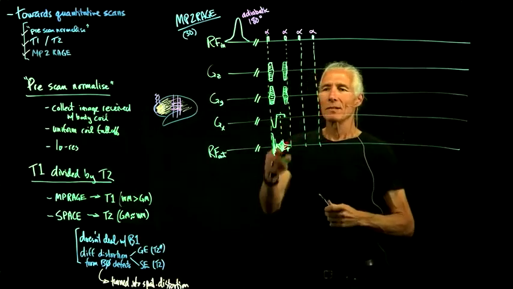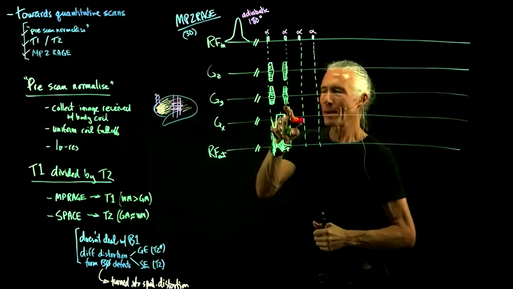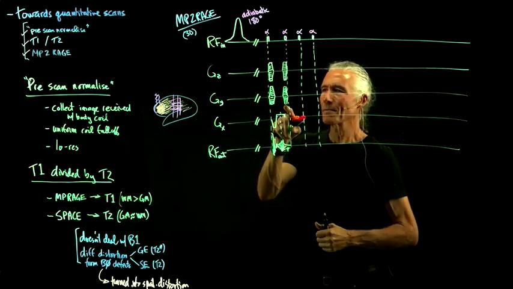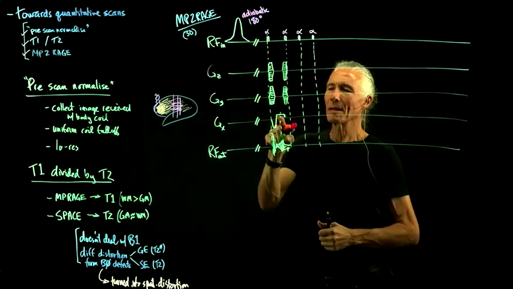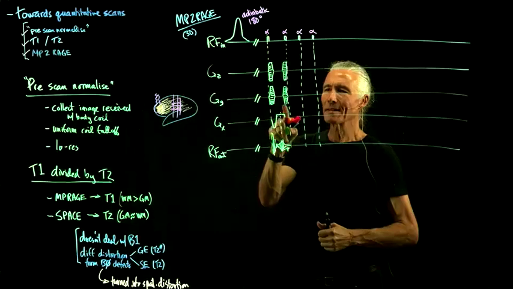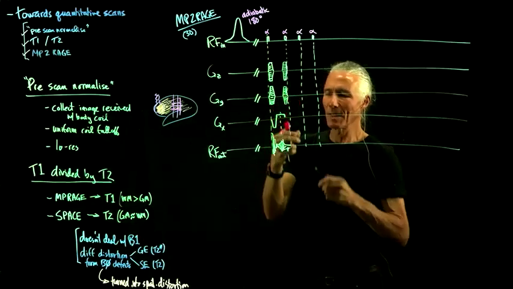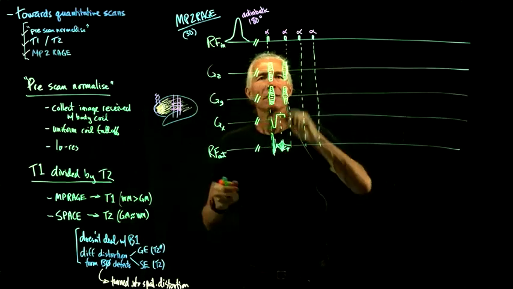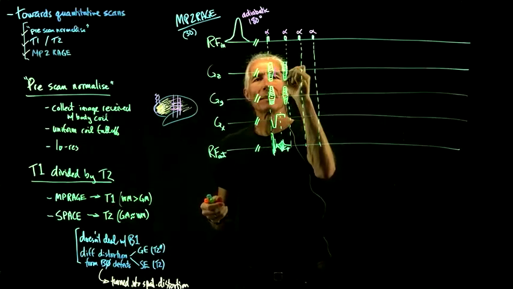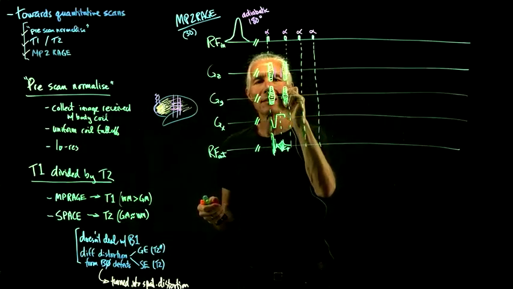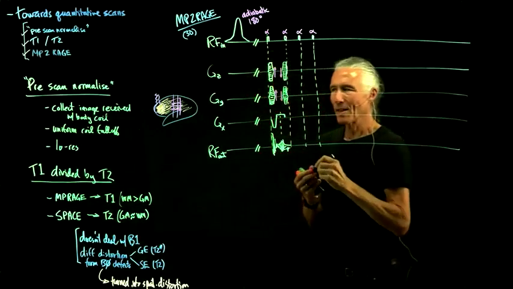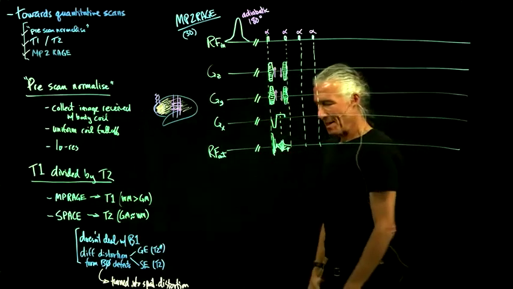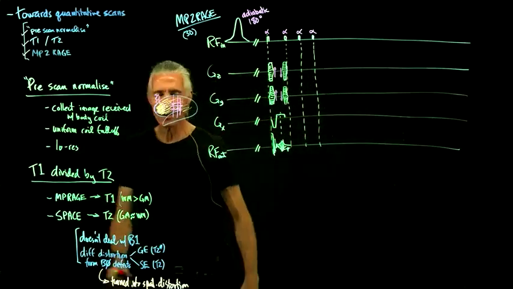And so we could fix it all up, put it all back into the center of k-space. Now, we know that in the case of the coherent scans that fix it all up, you just undo whatever you did, and that changes the contrast.